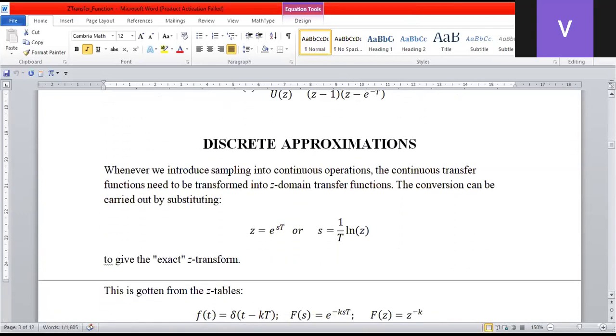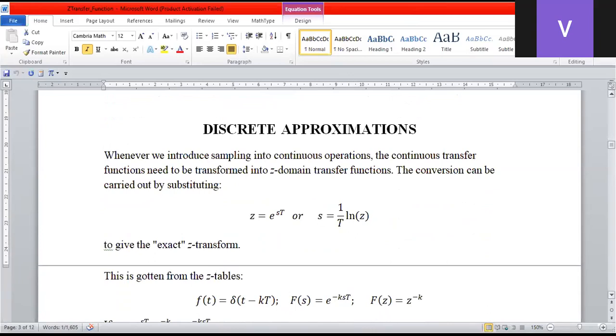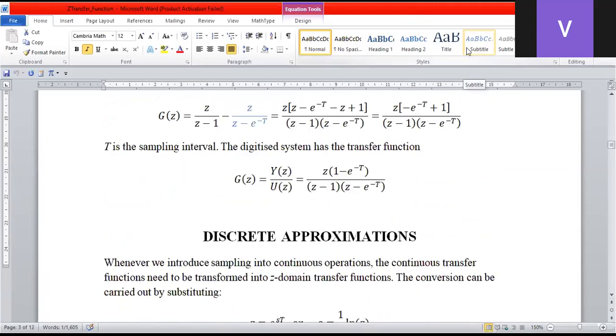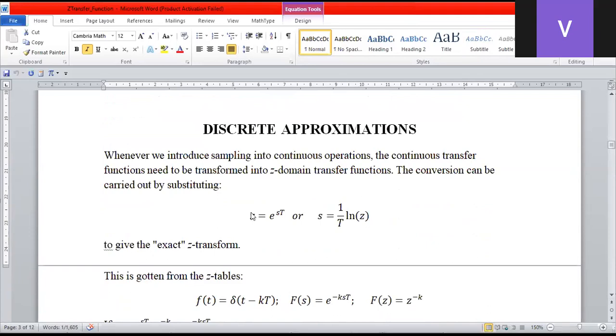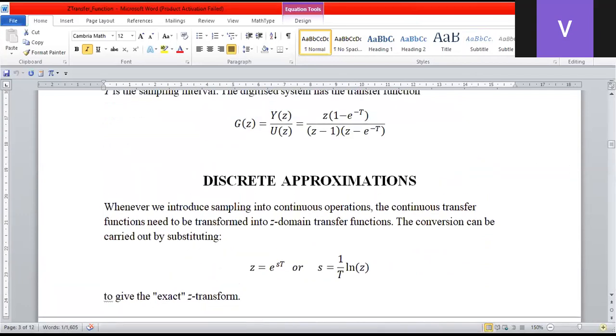So we'll move on to discrete approximations. In discrete approximations, what you are trying to do is to approximate your transfer function from the S domain into the Z domain. The method we used just now is just the general method, and there are some cases where you might not be able to use it.